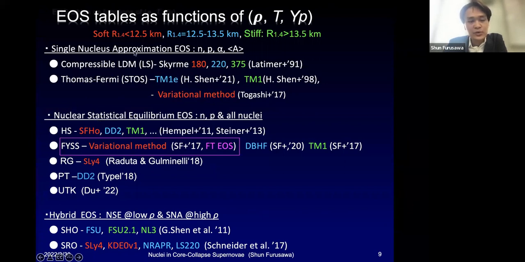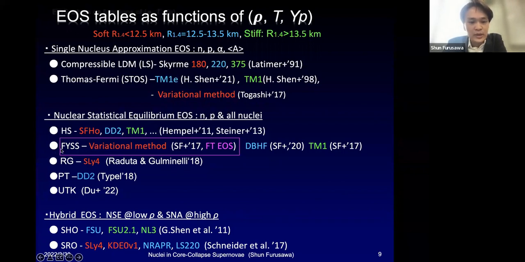In the single nucleus approximation, a mixture of various nuclei is represented by a single nucleus with average neutron and proton numbers. But recently we solve for a mixture of various nuclei. So we consider all nuclei in the equation of state. And Matthias Hempel's EOS is maybe the most famous one. He constructed some equations of state.